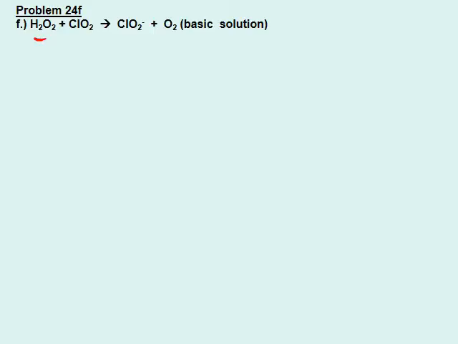First, again, the half reaction would be ClO2 and ClO2 minus. So ClO2 is one half reaction giving ClO2 minus. The other half reaction would have, obviously, H2O2 and O2. Again, first balance the element other than hydrogen and oxygen.